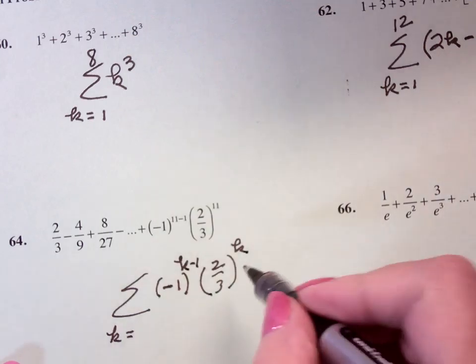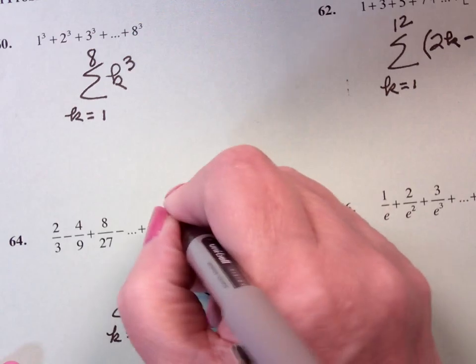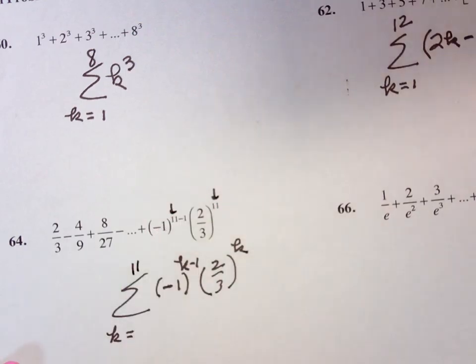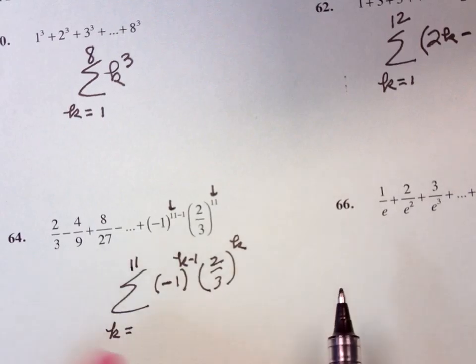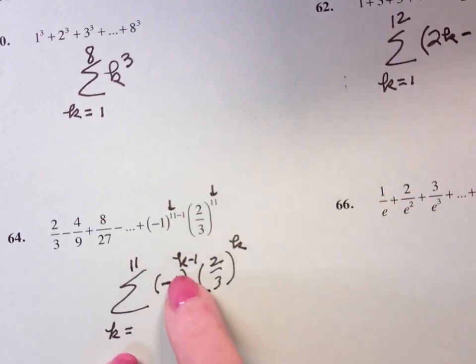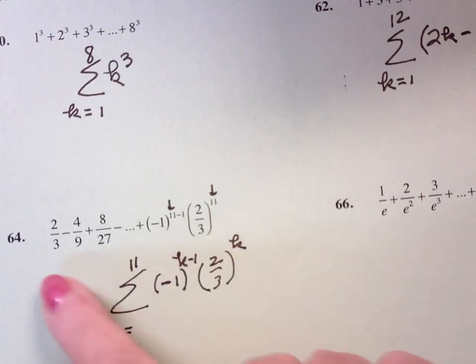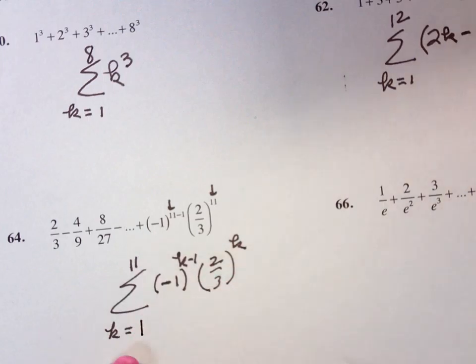So I know it stops at 11, because that's what this is telling me. The question is, does it start at 1? Does it start at 0? I just choose k equal 1. If k equal 1, I get 1 minus 1, and negative 1 to the 0 is 1, so the minus is gone. And 2/3 to the 1 is 2/3, so that gives me the first position, so it's 1 to 11.